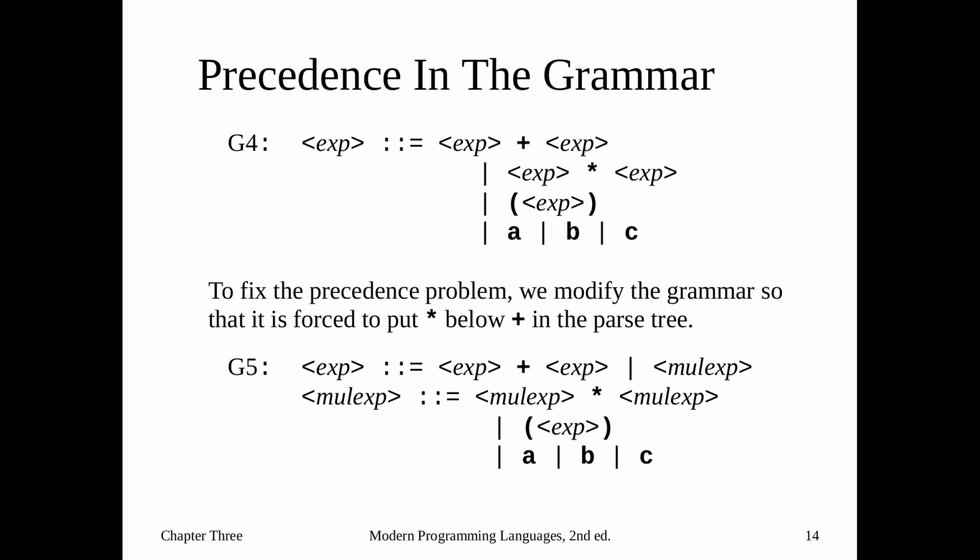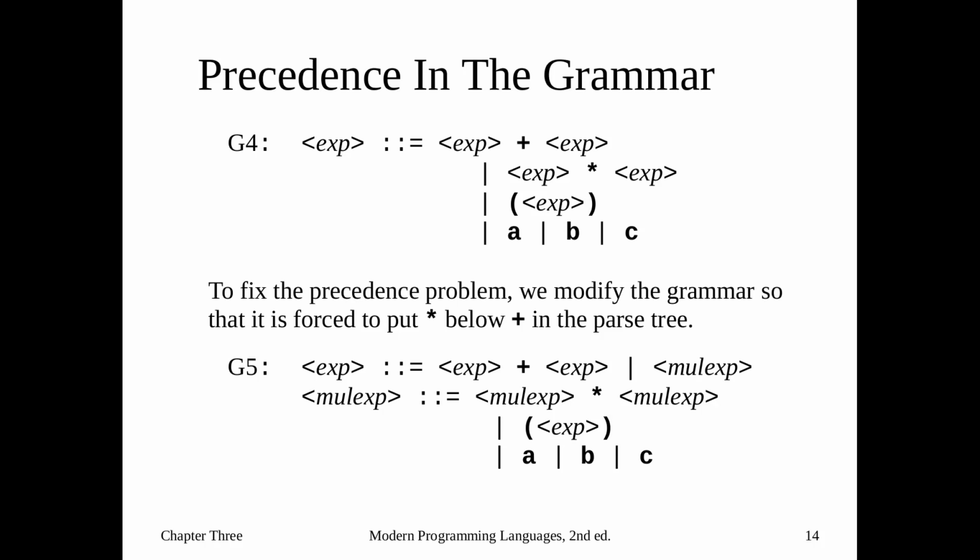In our grammar that we've been looking at, we had that precedence problem. So our goal is to change this such that the multiplication is a higher precedence than addition. How we do that is, when the parse tree is generated, we need to shift it so that multiplication is deeper in the tree than addition.